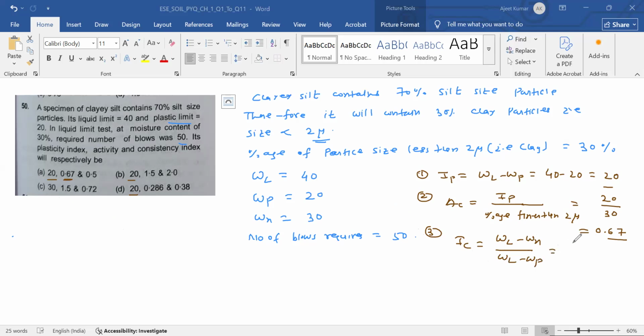So WL, the liquid limit, is 40 minus 30, divided by 40 minus 20. So 10 by 20 is 0.5. Option number A will be the correct answer.